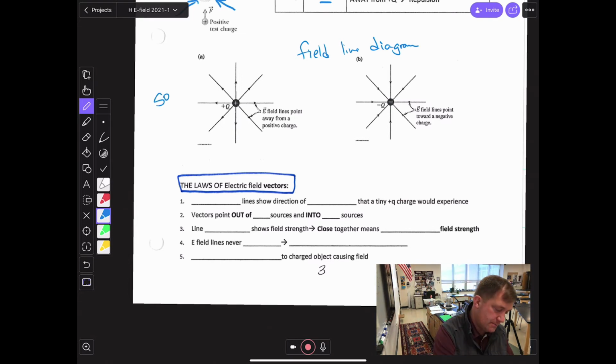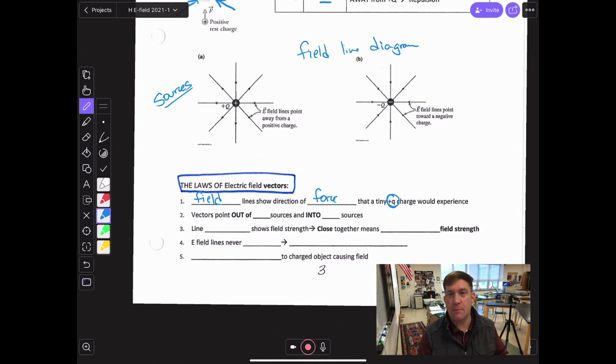These are sources, not test charges. So the field lines that you draw show the direction of force that a tiny positive test charge would experience. So it's easy to remember that they always go in the direction of what a positive test charge would do. In fact, that's what a test charge is often referred to. It's like a single proton.